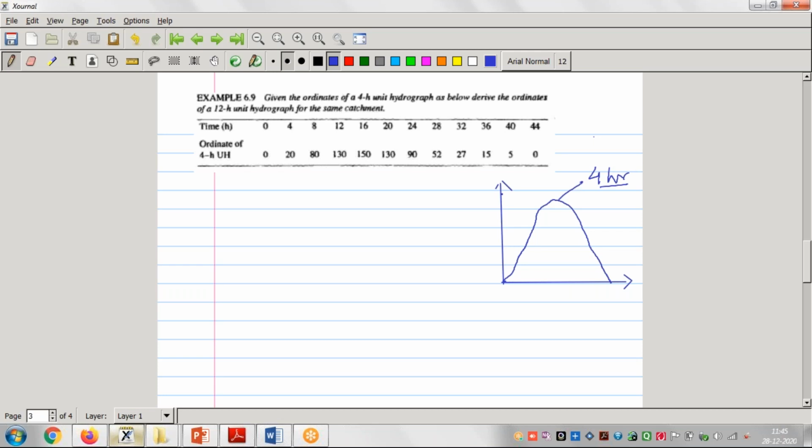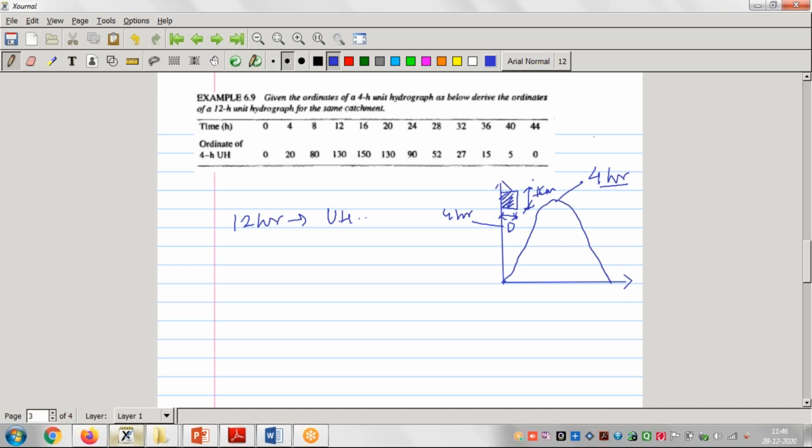On this axis we denote the time, the D-hour, so this is 4 hours. And this shows the excess rainfall, meaning how much depth of rainfall occurred. This is because of 1 centimeter. Now we want to derive the 12-hour unit hydrograph.